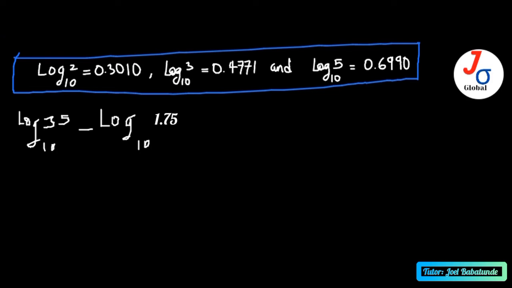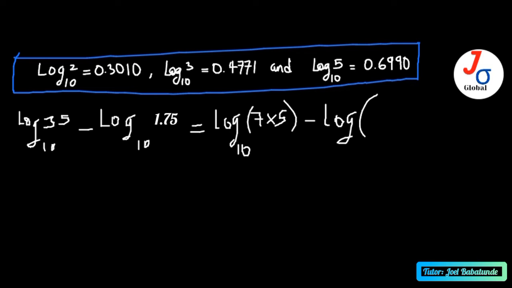So you have log of 7 times 5 base 10 minus log of, I'm going to write this as a fraction, 175 over 10.